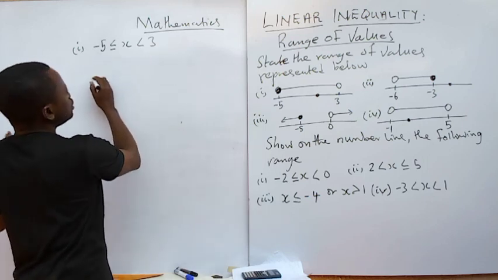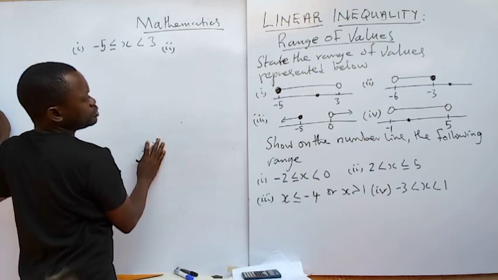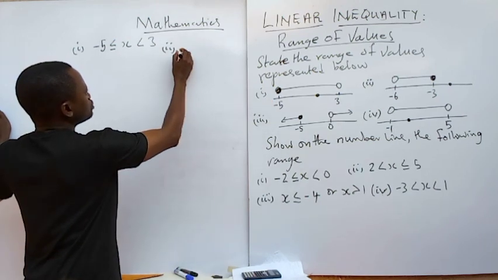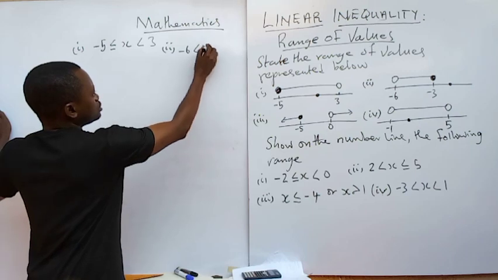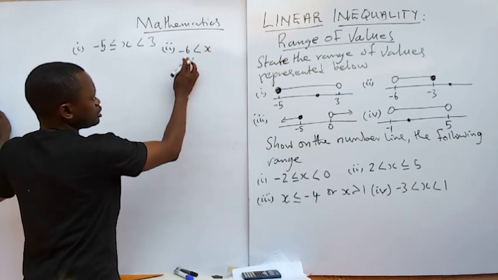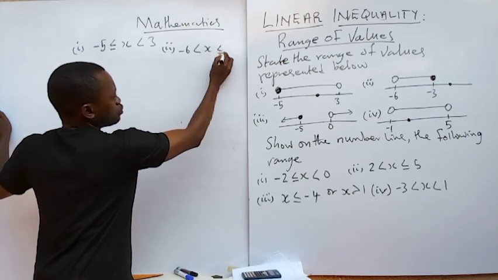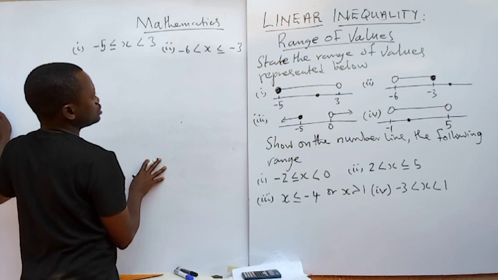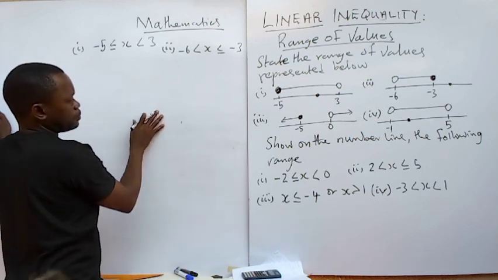The next one, can you see that representation there simply means that the range of values for x is greater than -6, but less than or equal to -3. That's the interpretation. You can see the use of inequality symbols here.